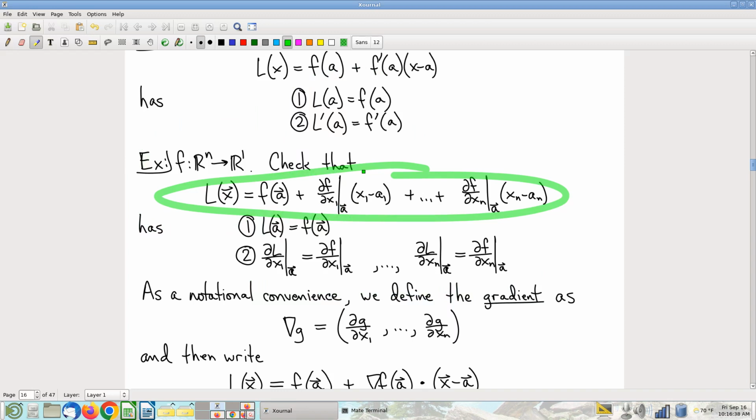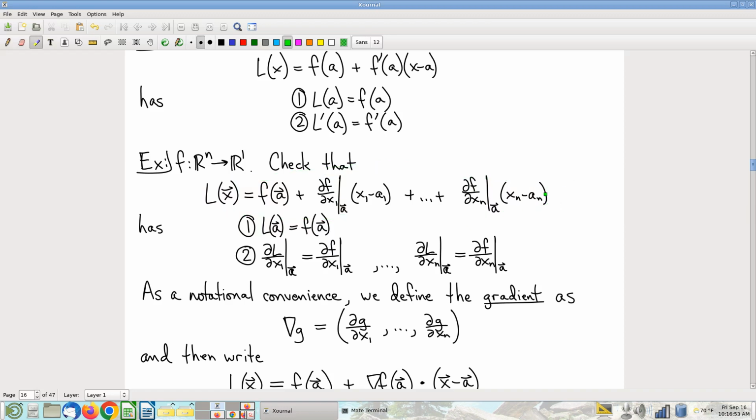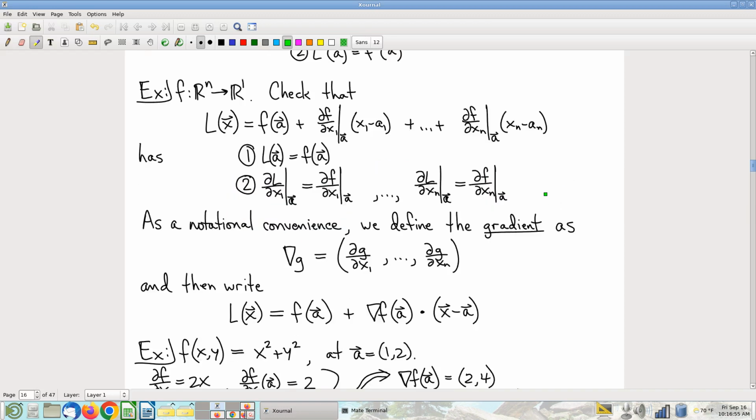In other words, plug in x equals a, confirm that you get f of a. Compute all of the partials with respect to all the input variables, then plug in a, and confirm that you get what you're supposed to. If you have any trouble with that, come to office hours, we'll work it out.